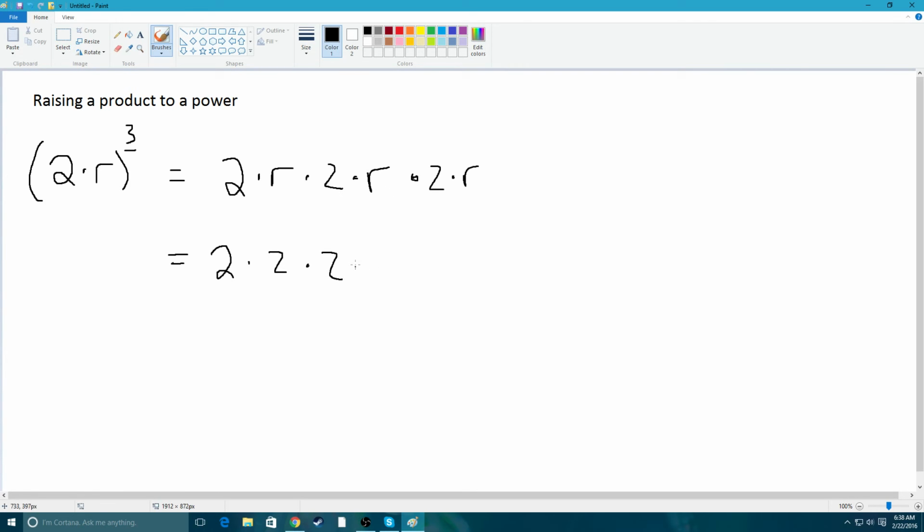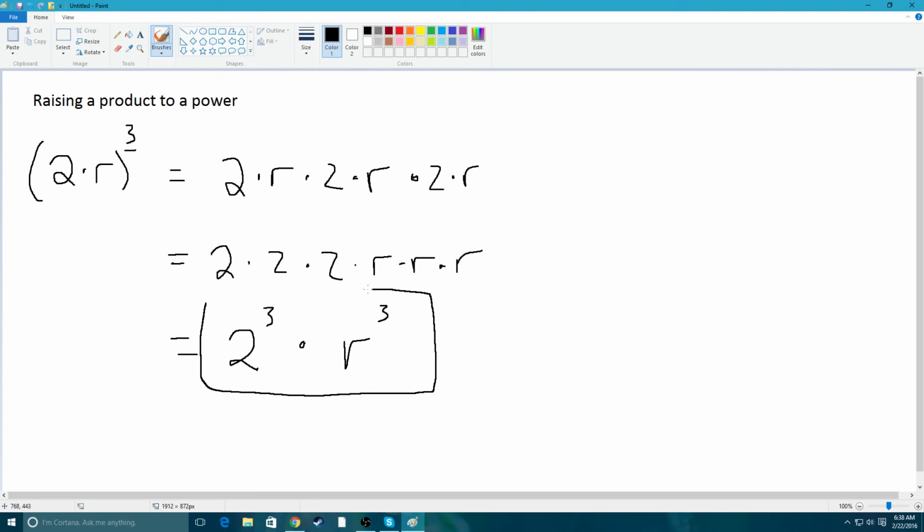We simplify all the exponents together. 2 times 2 times 2 is just 2 to the 3rd. R times r times r is r to the 3rd. And this is our expression completely simplified.